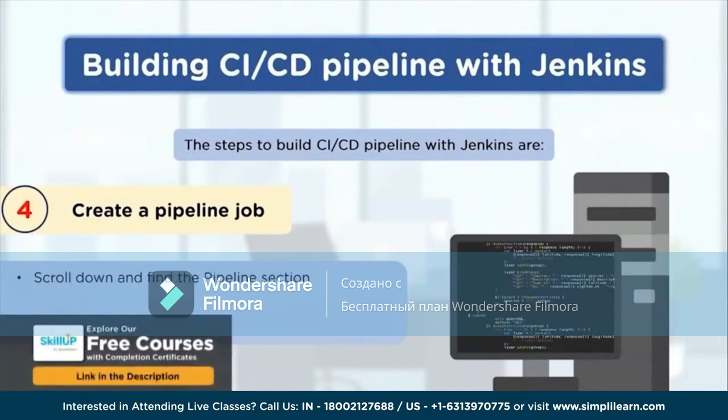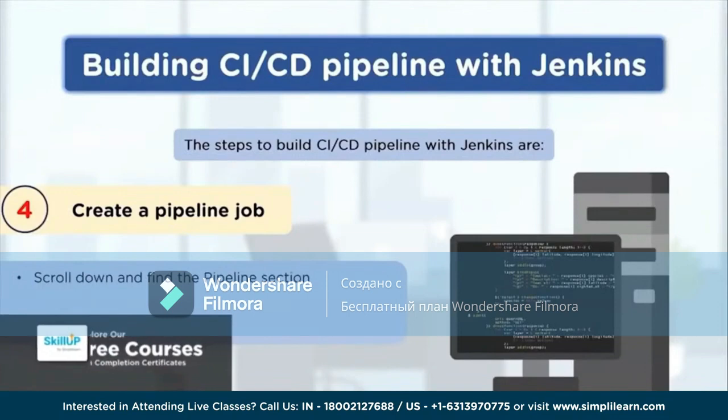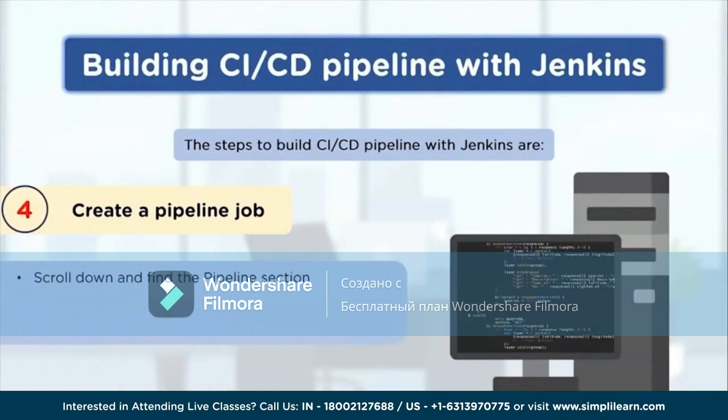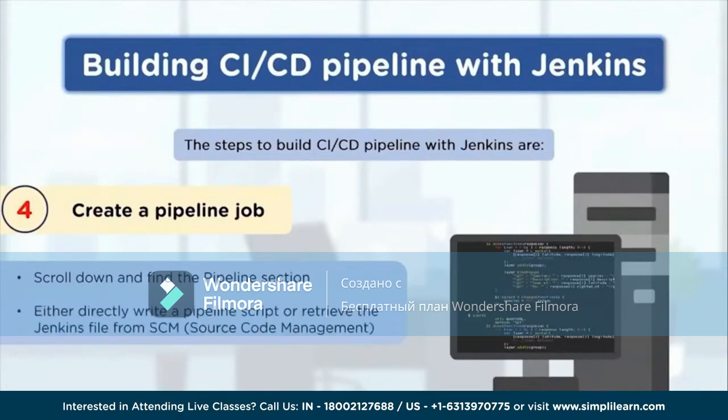Now you can scroll down and find the pipeline section. There you can see how the pipelines are managed. Scroll down, find the pipeline section, and go with the pipeline script. When you select that option, there are different options available for how you want to manage these pipelines. You have direct access, so if you want to directly create a pipeline script, you can do that.